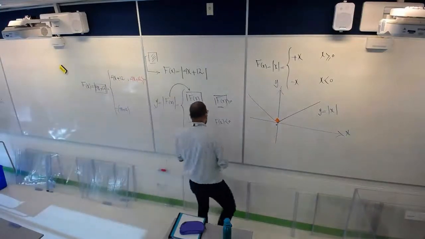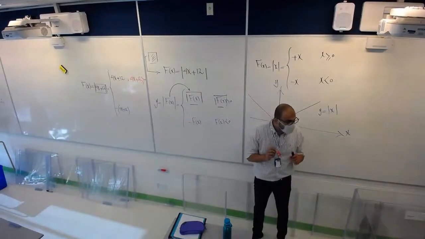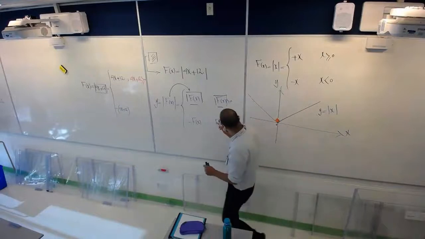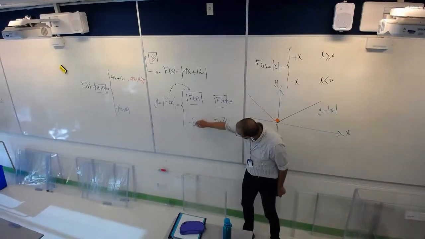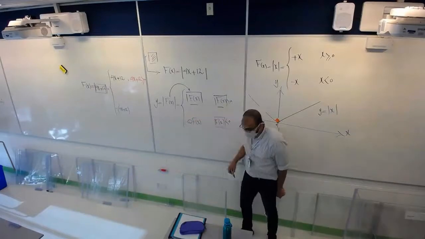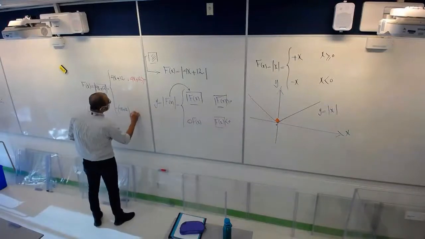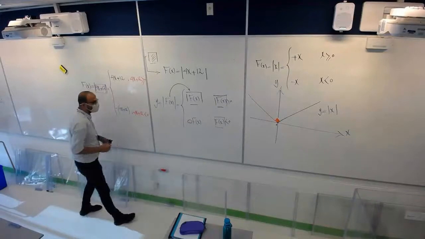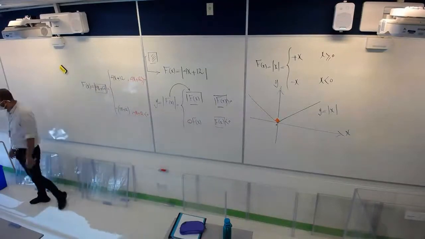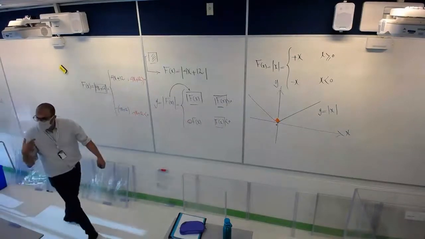The only time that I can take this out is that the f of x itself is negative, then I put one negative sign behind it and I take this out. It means that 4x plus 12 here should be negative.